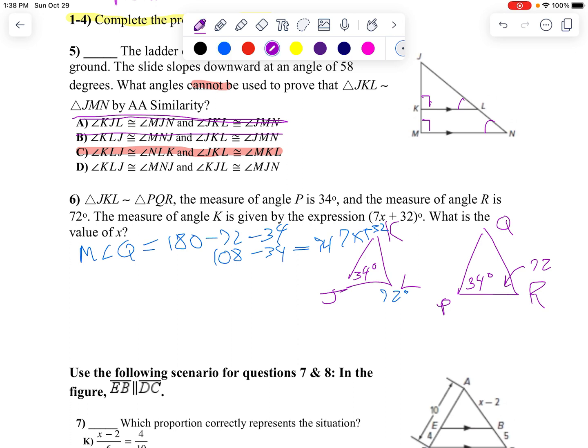So now I can make an equation. I can say, 7x plus 32 is going to equal 74, what we just said. Now that we've done that, we can solve that. So subtract 32 from both sides.